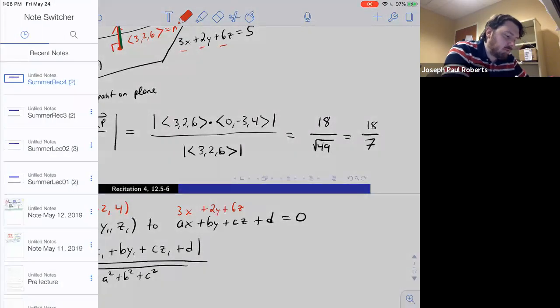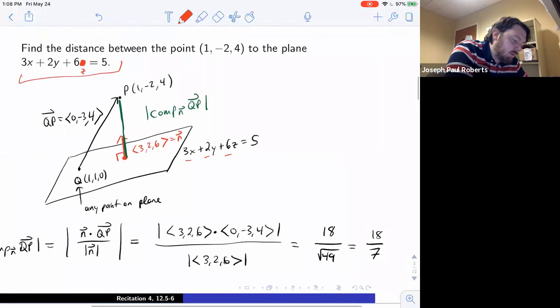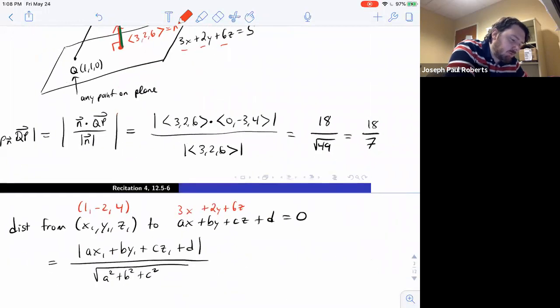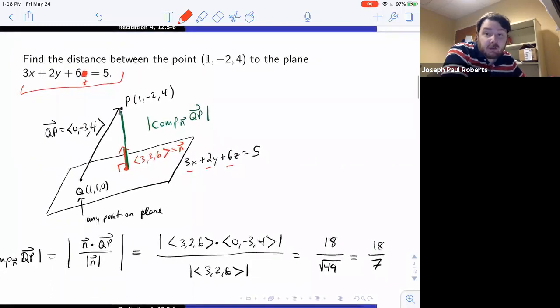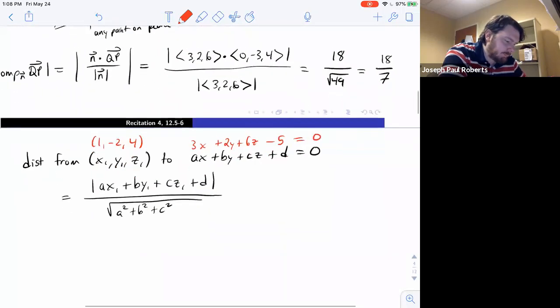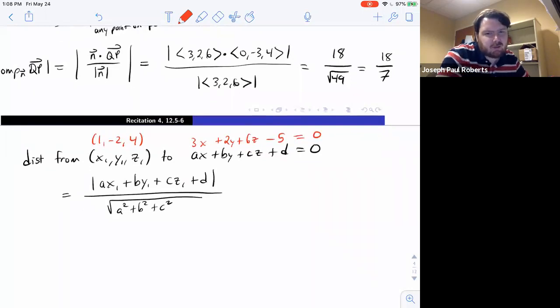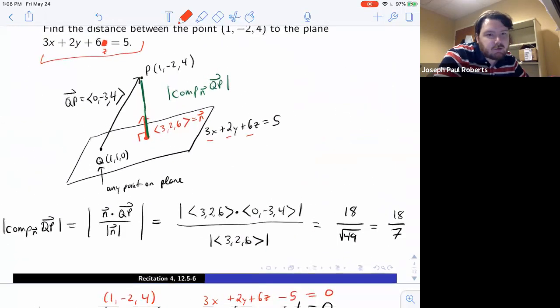And then be careful, if you're using this formula, you have to write it in that form. So I have to rearrange this to minus 5 equals 0 to get the, yeah, in fact, d is minus 5. So you got to be careful with that. That's one reason why I don't like this formula. If you miss that one little detail, you get the whole thing completely wrong, whereas if you understand the geometry of what's going on, that's a little bit safer.